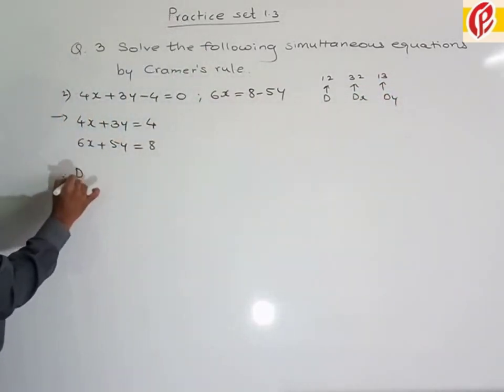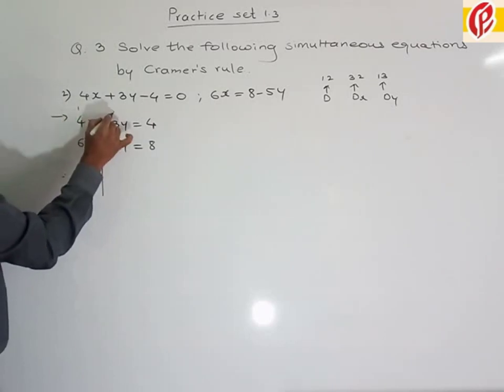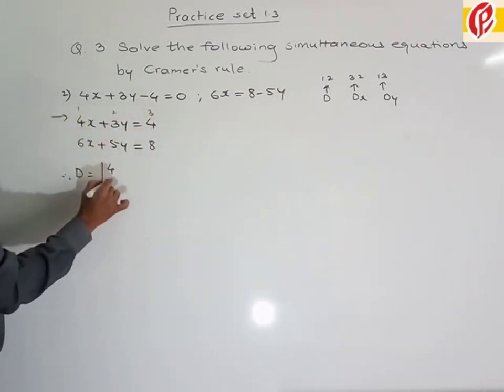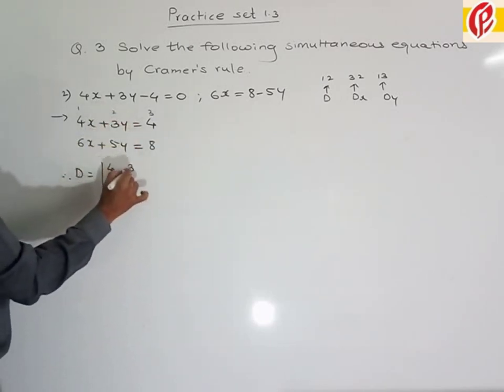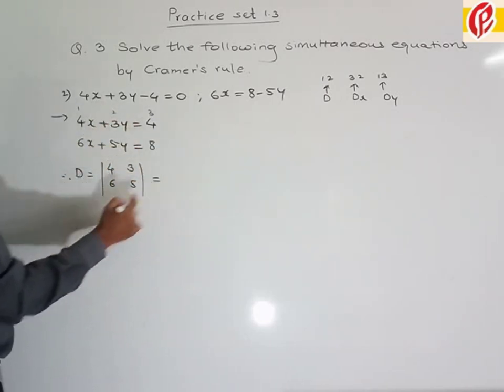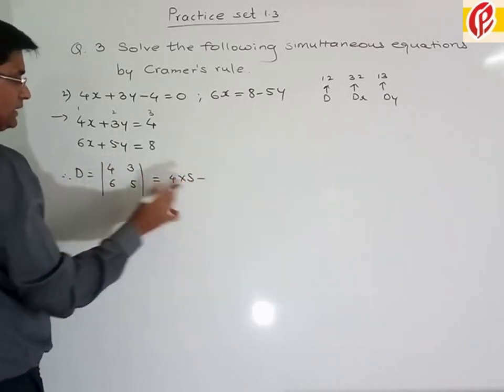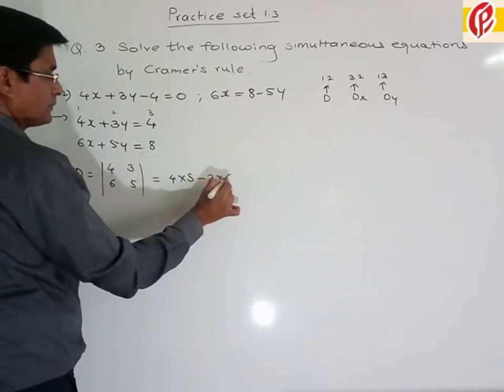So D is equal to 1, 2, 3. So what is D? 1 and 2. So 4, 6 and 2, 3, 5. Then cross multiplication, 4 into 5 minus 3 into 6.